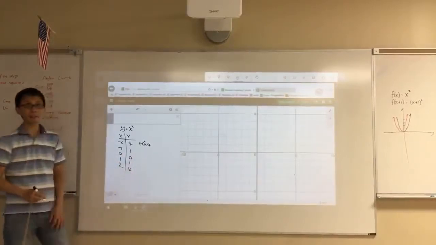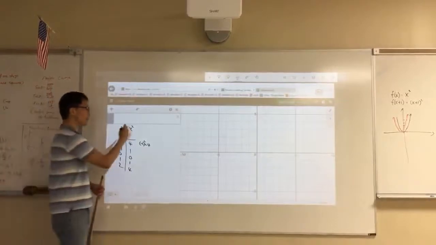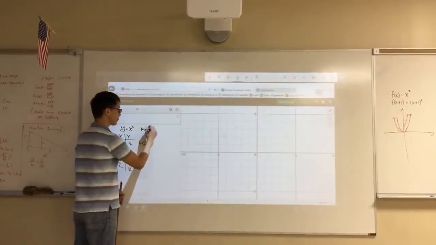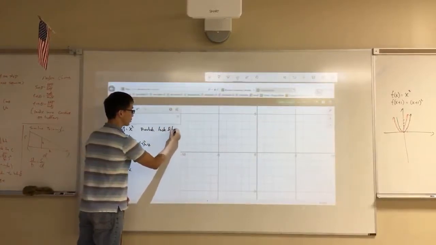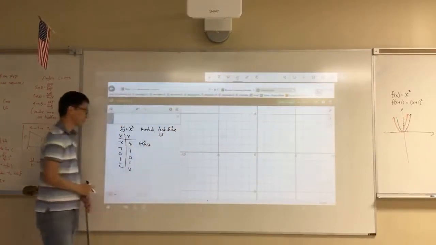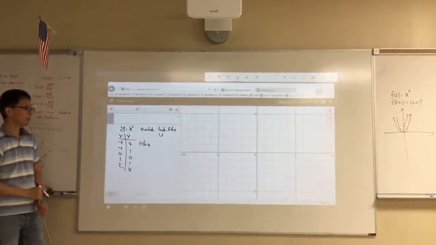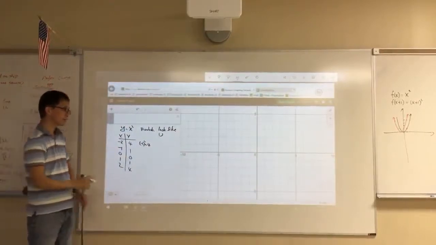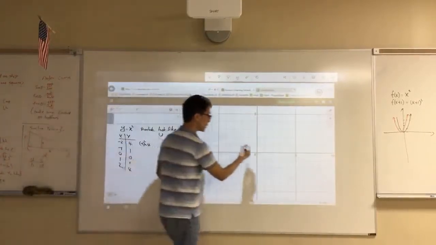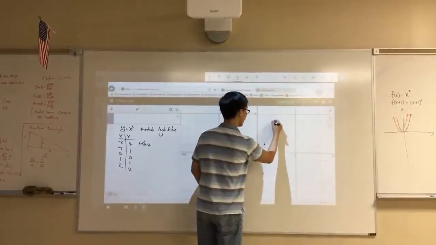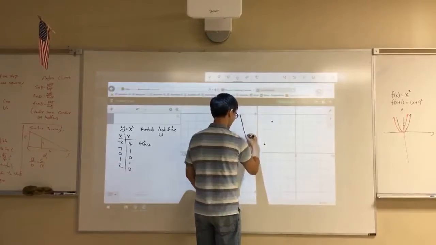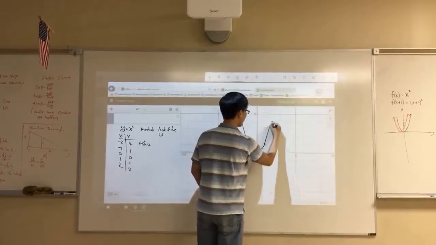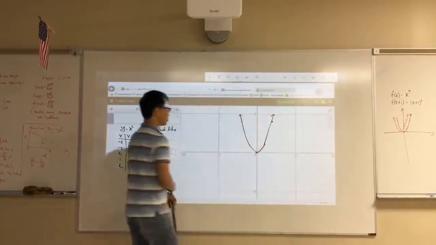Now this is a parabola equation, so we call it a parabola. It looks like a U. It's based on these points, and the graph is going to be like this. So that's a U shape.